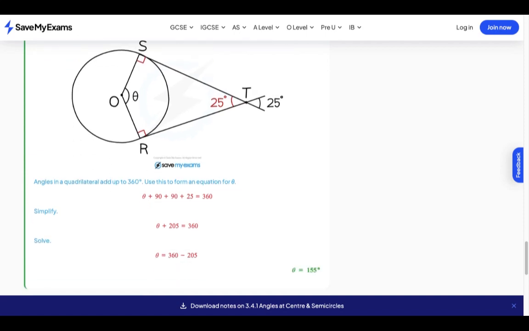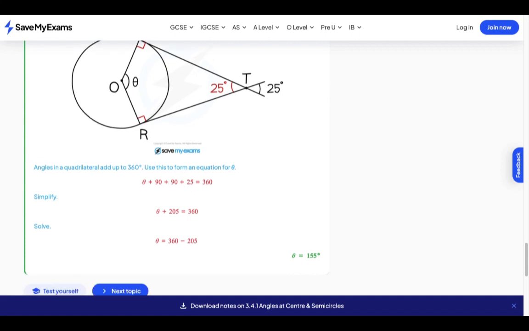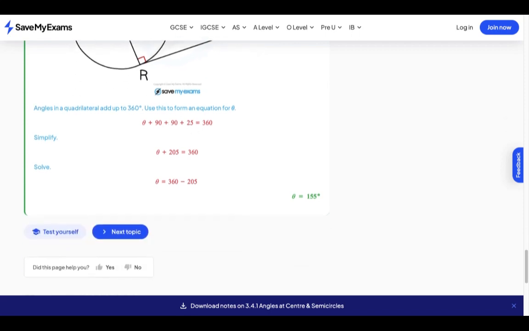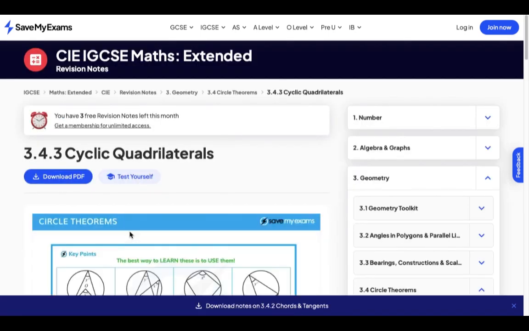The next is to know that this is a quadrilateral, 1, 2, 3, 4. So every four-sided shape is a quadrilateral, so you equate to 360. Theta plus 90 plus 90 plus 25 equals 360, which is theta plus 205 equals 360, and when you subtract, you get 155 degree. Okay, so that's that for this type of question. So we finished one rule.